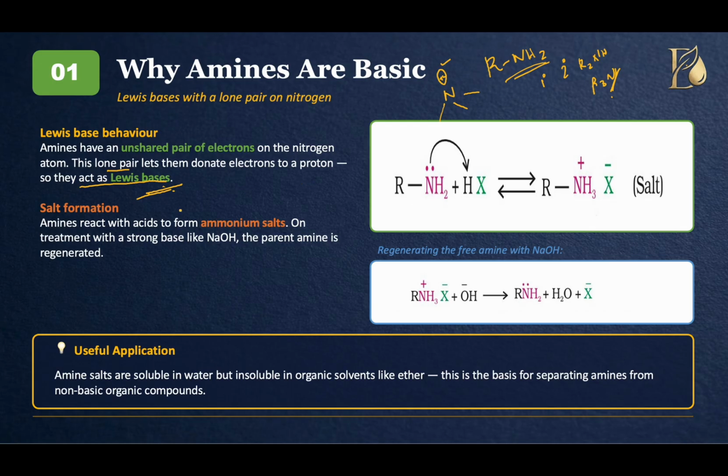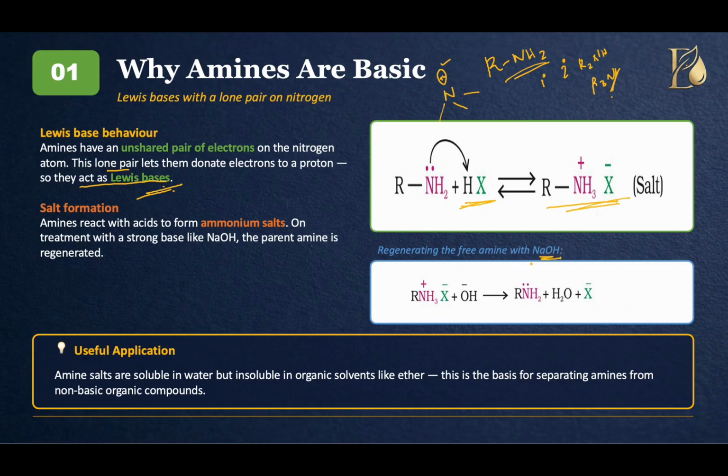Look at this. When amines react with an acid, for example hydrogen halides, what will happen? The lone pair will donate the electron pair to the proton and they will form the salt RNH3X. And to regenerate the free amine, what can we do? We can treat with sodium hydroxide.